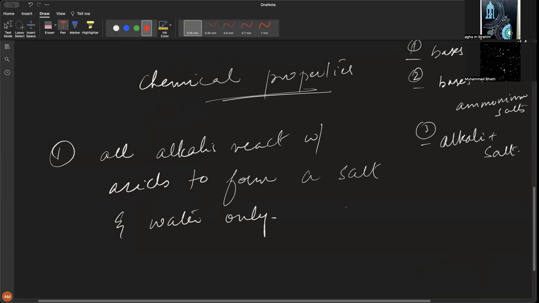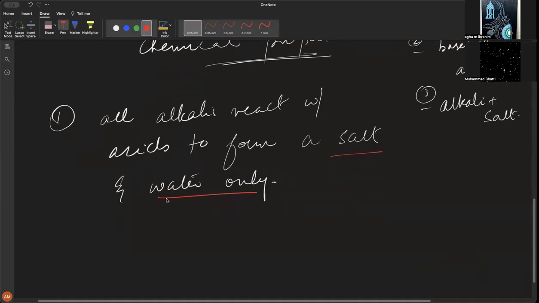Salt and water only. To keep this in mind, this is called a neutralization reaction. In neutralization, salt plus water only. No matter whatever is reacting, if there is anything else, hydrogen or anything else, it is not going to be called a neutralization reaction.